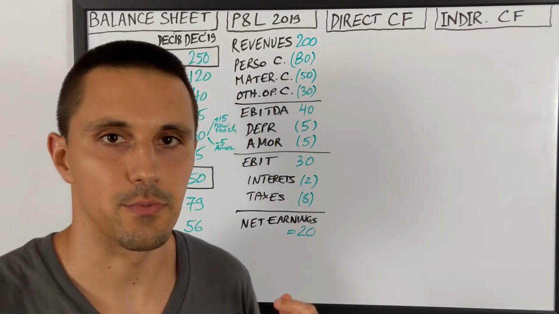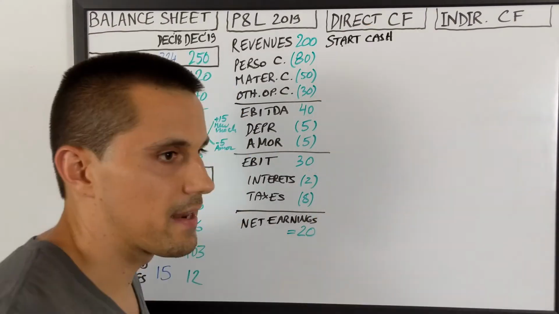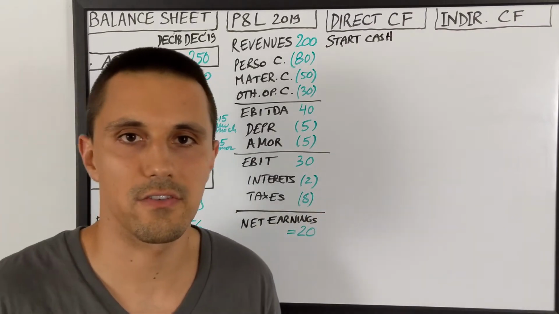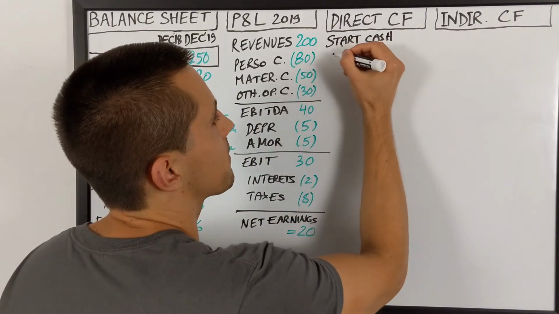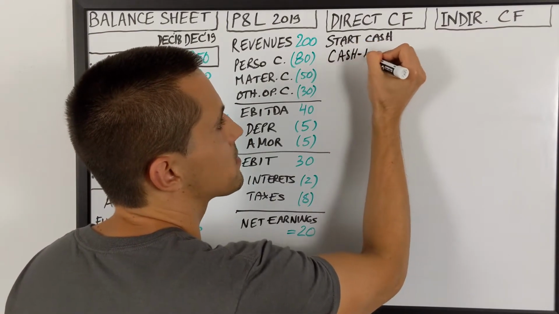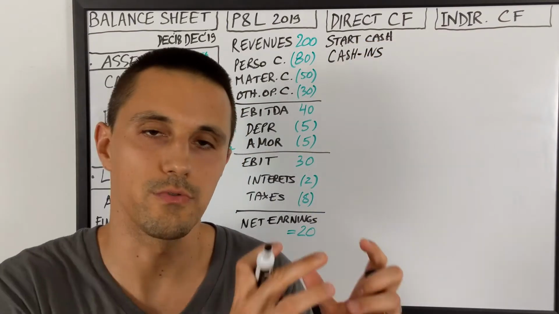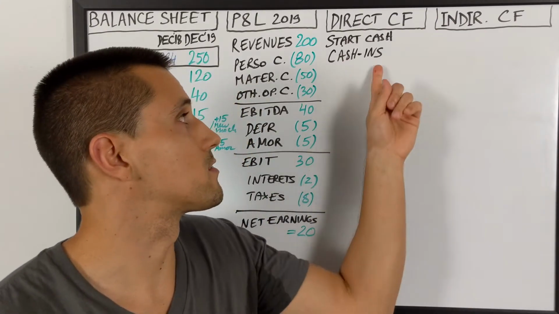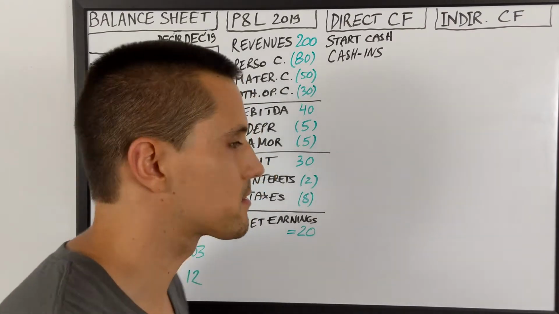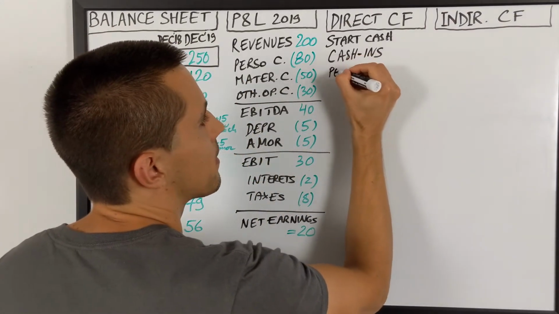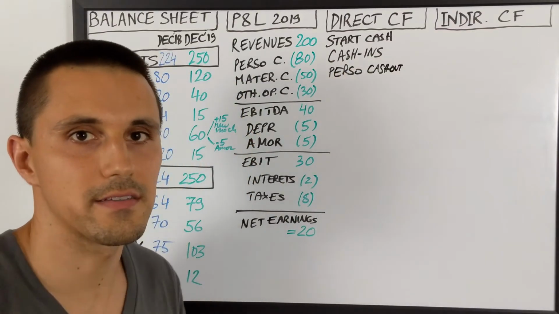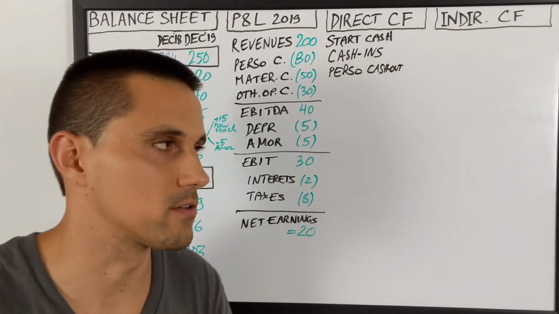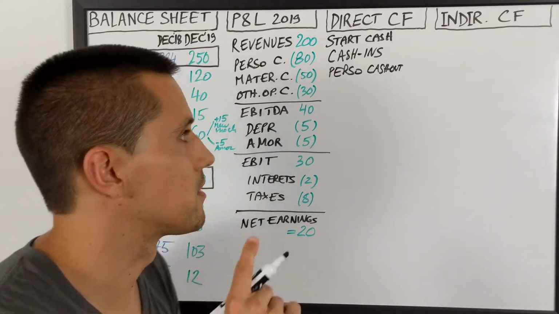Direct cash flow starts with an opening balance or starting balance. Then, the same way in our P&L we had our revenues, in the direct cash flow we're going to have our cash ins. What are cash ins? Well, each time you make a sale, you create some revenue, and at some point when your client pays you, it's going to turn into a cash in. Next on the list is personnel cash outs. You will understand in a few minutes why this is cost and this is cash out and the difference between those two, so stay tuned for a little bit.